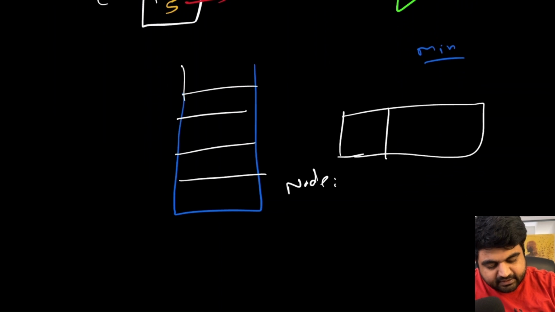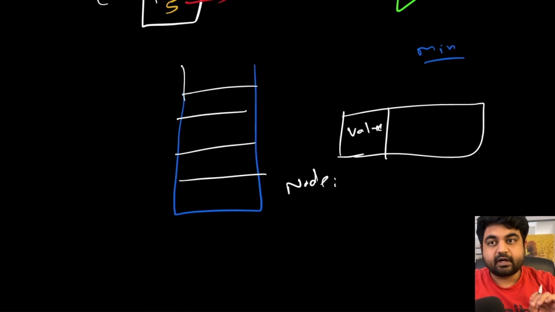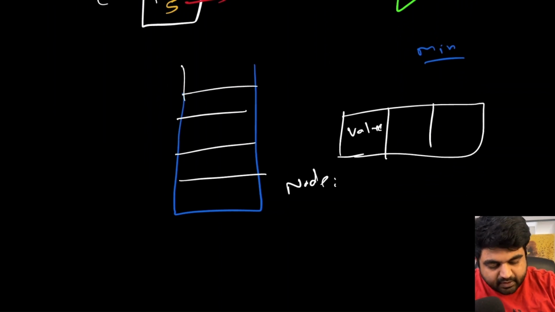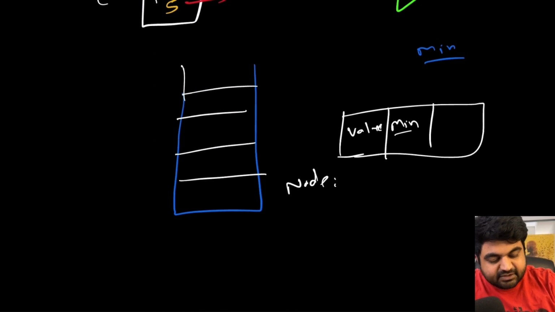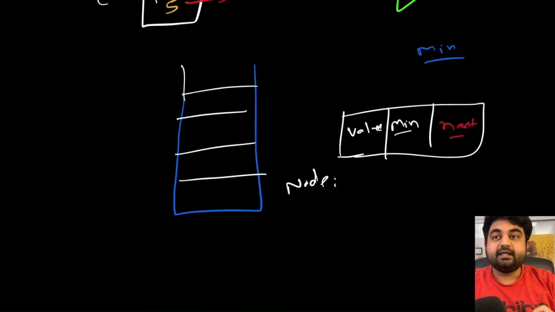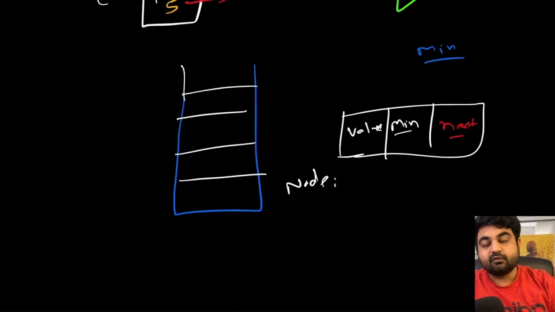First is the value of the node itself, that is, the integer value like 1, 2, 3, 4, whatever you want to put. Next is the minimum value up to this point inside the existing stack, and if we keep updating this with every single entry, it would be pretty easy to maintain. And last is the reference to the next node, because in case we have to remove an element, we might need to update the minimum value we have entered so far.